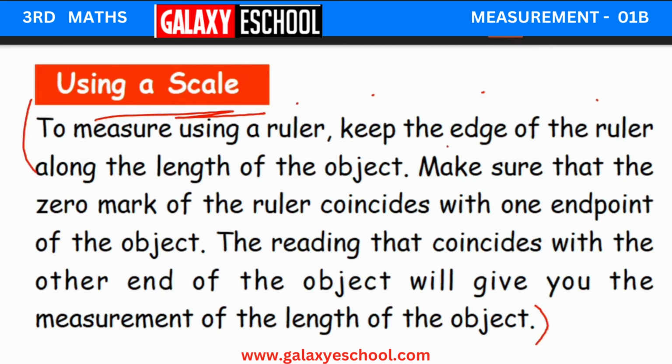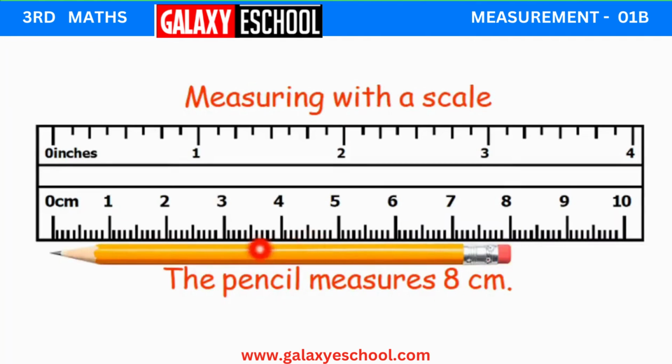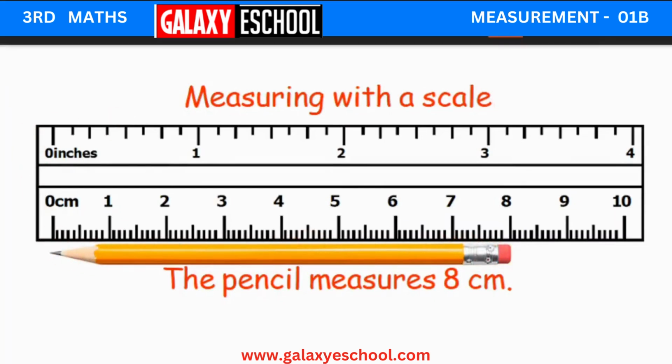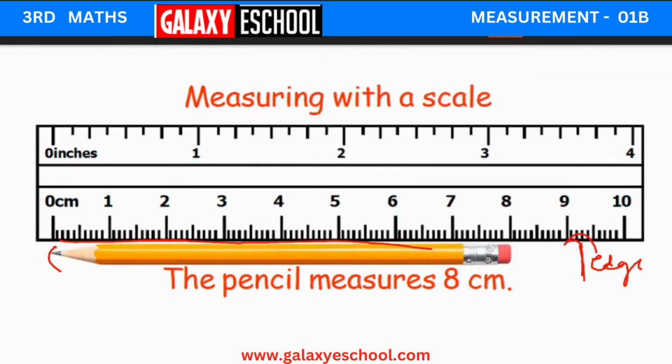Now what should we do? Keep the edge of the ruler along the length of the object. For example, if you want to measure the length of this pencil using the scale, we have to place our pencil along the edge. This is our edge of the scale, children. Understood? And again, if you observe here, we are having two markings on our scale. One is here and the other is here.